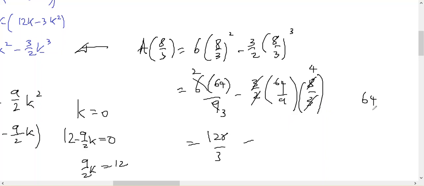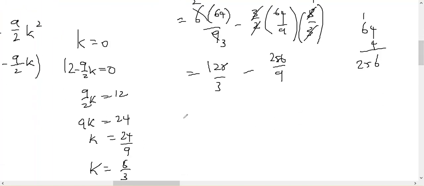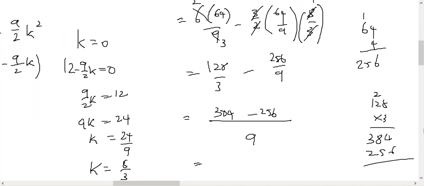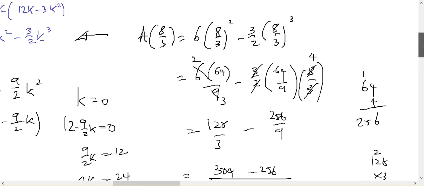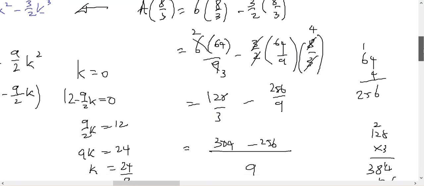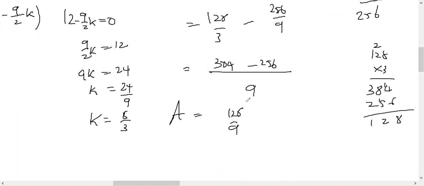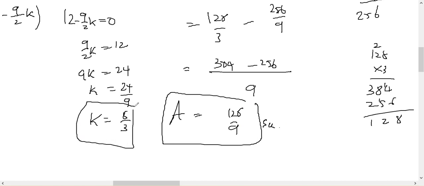So it's going to be 64 times 4, which is 256 on 9. 256 on 9 minus 256 on 9, 14, 8, carry 6, leaves 128 on 9. So subbing in 8/3, we end up with an area of 128 on 9 square units when k equals 8/3.